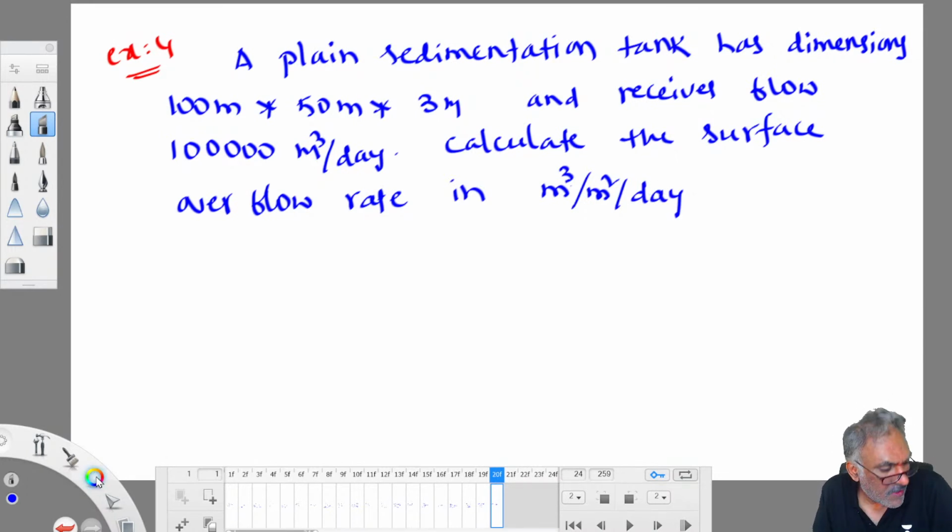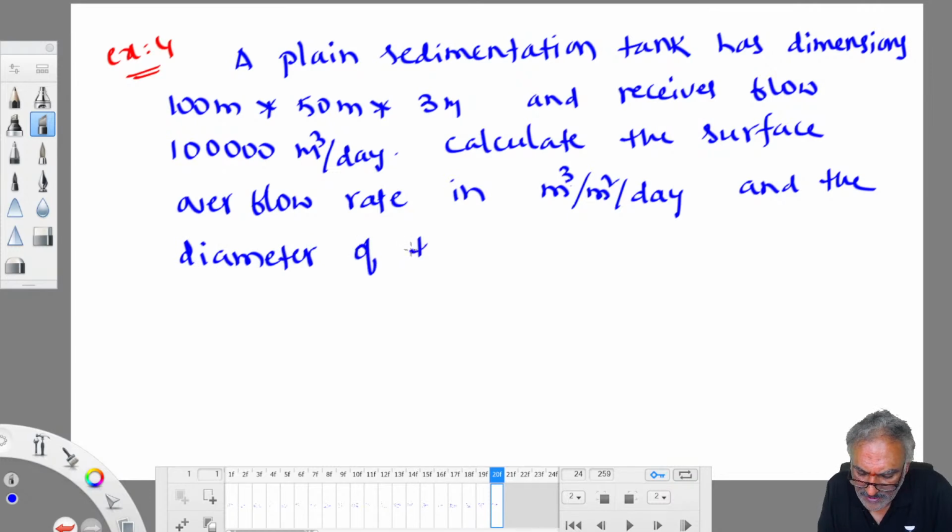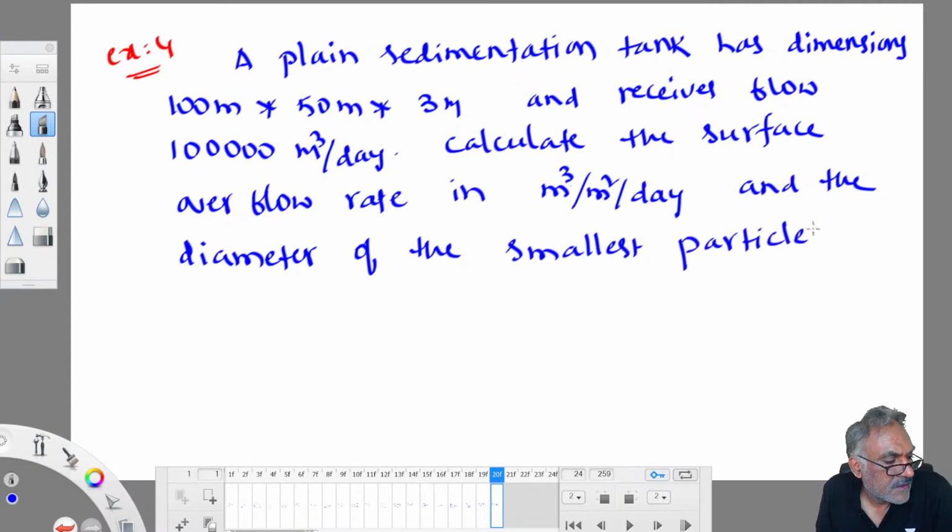And the diameter of the smallest particle which would be removed 100%. One more question is there. The diameter of the smallest particle which will be removed 100%.